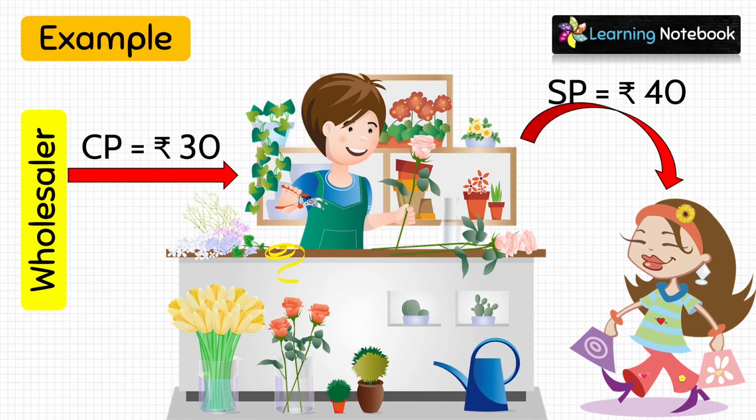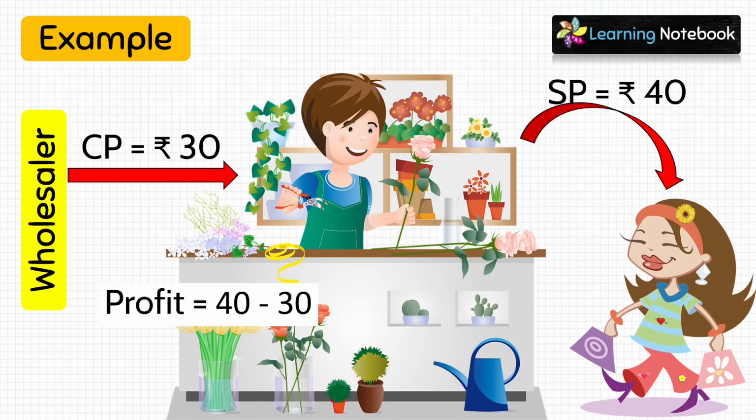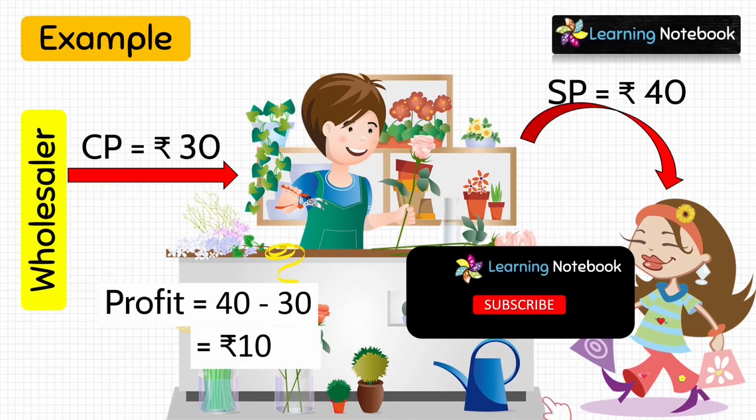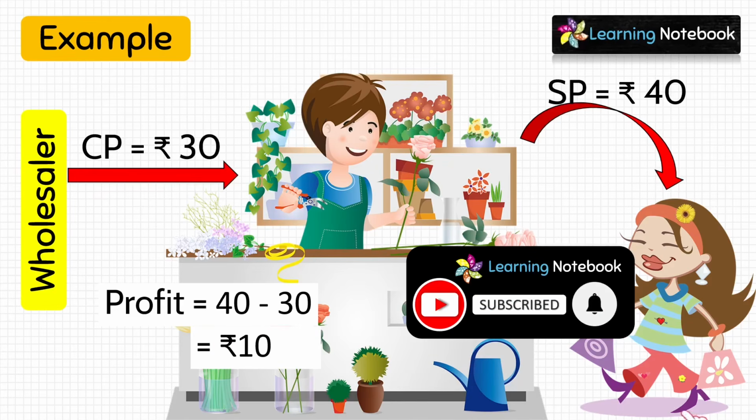And how would we calculate profit? Yes, we will do selling price minus cost price. That is, we will do 40 minus 30, which is equals to rupees 10. So shopkeeper has made a profit of rupees 10.